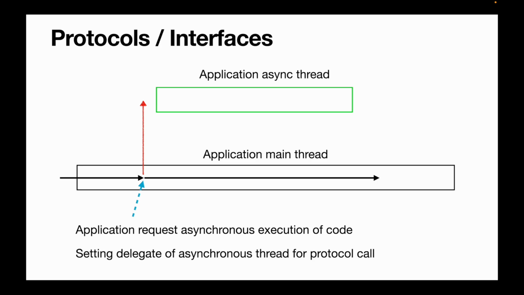To get this information back, we need to make sure that the asynchronous thread has a delegate variable, which shows the asynchronous thread where it should go back.